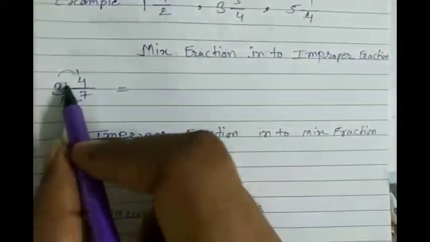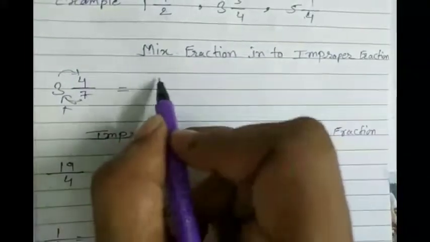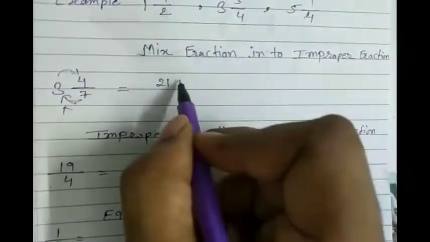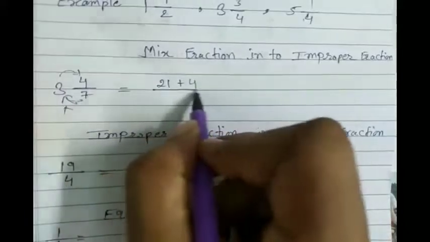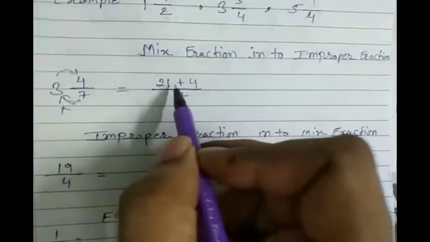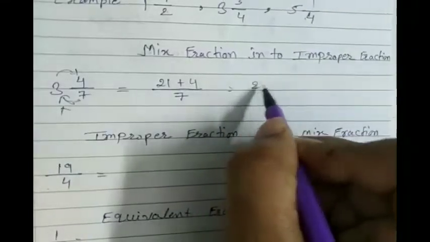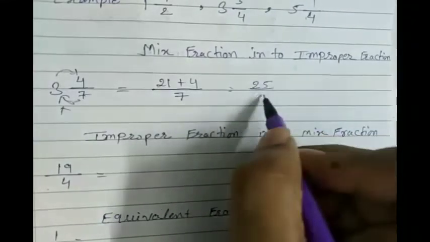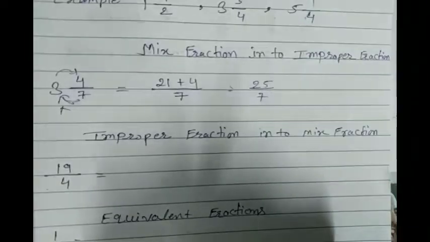For example, 7 threes are 21, plus 4 upon 7. 21 plus 4, 25 upon 7.